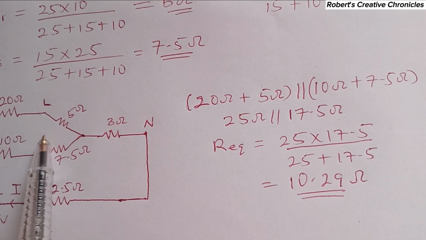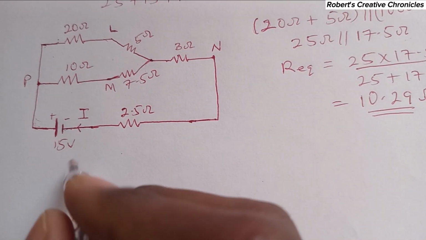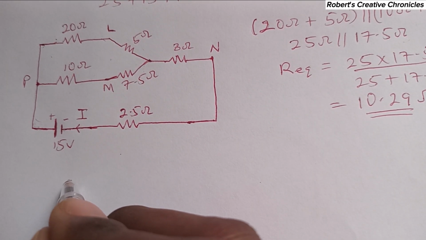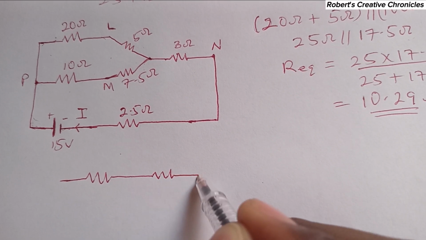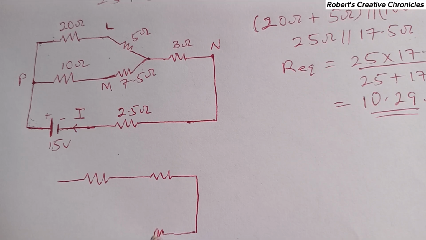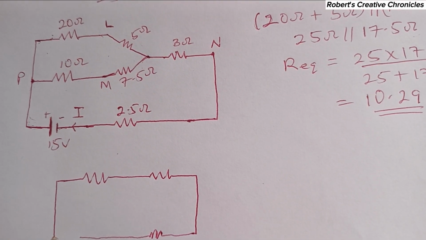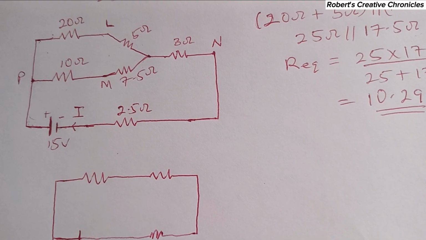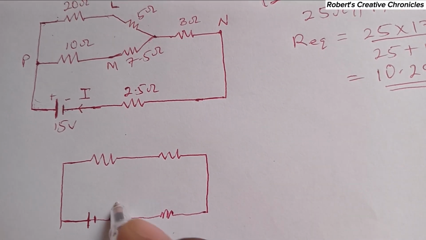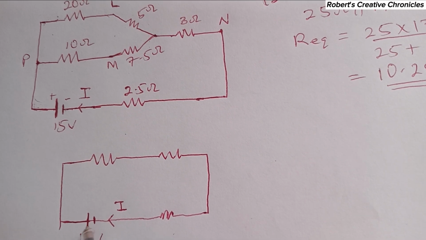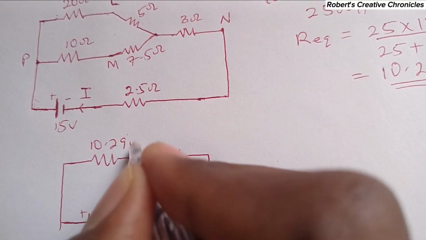This 10.29 ohms, if you redraw the circuit, becomes like this. Now this becomes 10.29 ohms.